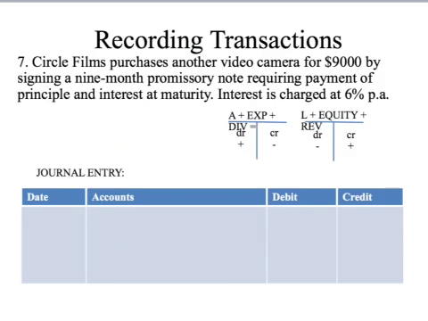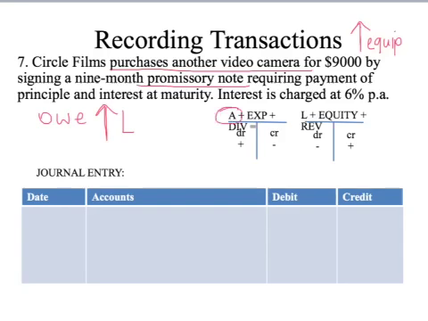Number 7, we've purchased another video camera. So that's going to be increasing our asset equipment. This time we didn't pay for it. It says we've signed a 9-month promissory note. So we owe the money. That's increasing our liabilities.